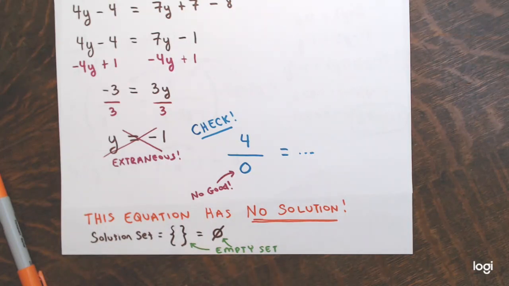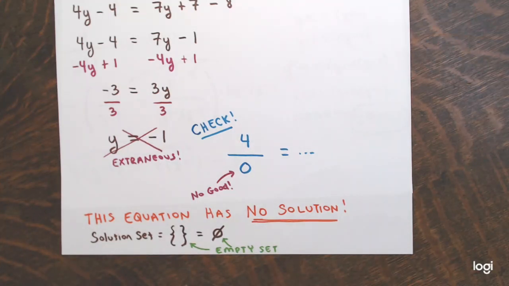That's just the set with nothing in it, no numbers, right? So this is just telling me that no numbers at all make this equation a true statement. In other words, the equation has no solution. Okay, so that's a possibility.